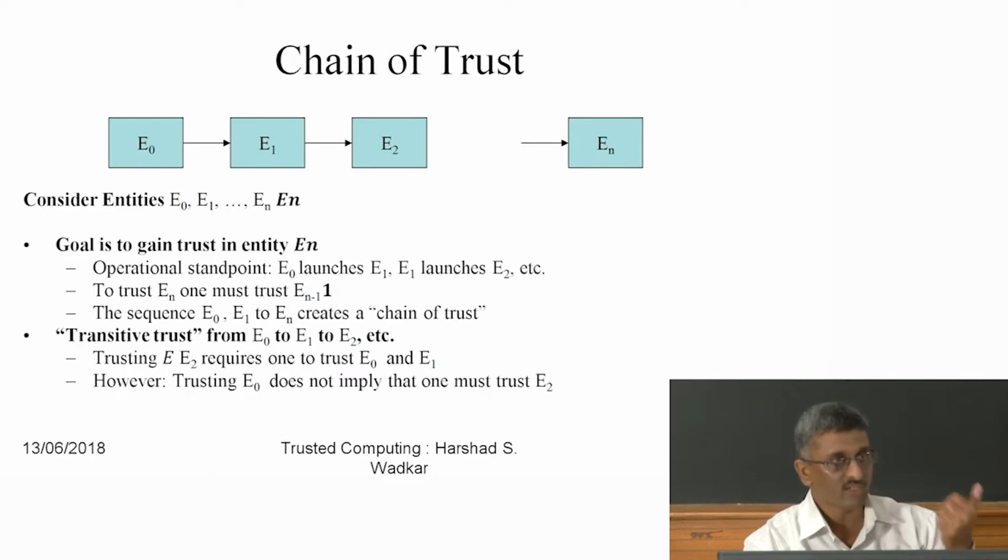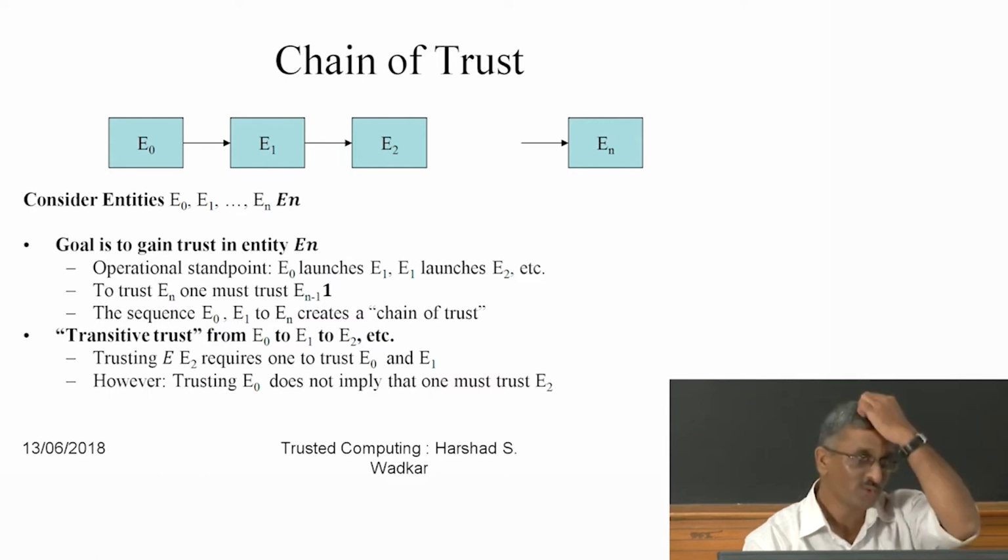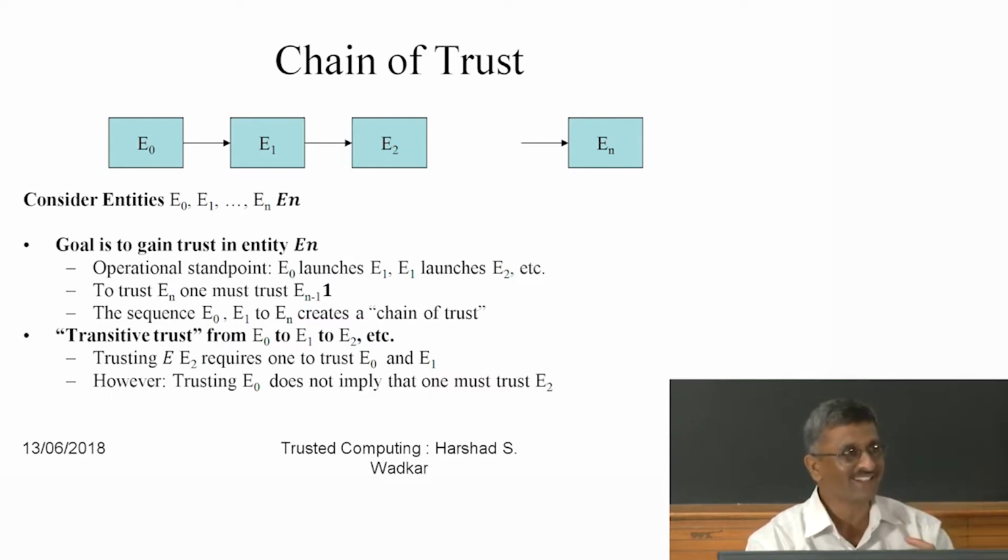This chain of trust that I was talking about is given in this slide, E0 to E1 to E2. There is a rule: to trust En, one must trust En minus 1. So, simple. If you come here to attend this session, the first thing, are you trusting me directly?